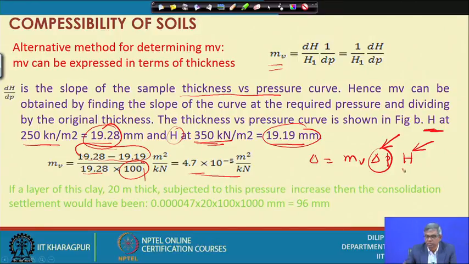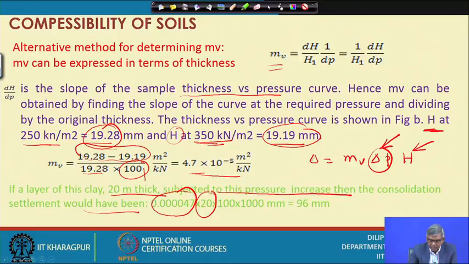If you multiply all three, you will get the consolidation settlement. If a 20 meter thick layer is subjected to this pressure increase, that means 100 pressure is increased, the consolidation settlement would be, you can see, this is mv, this is the thickness and this is the pressure increase. So, this is del P, this is H and this is mv. All together that comes in meters, so to convert it to millimeters I have multiplied by 1000. So, it becomes 96 millimeters.